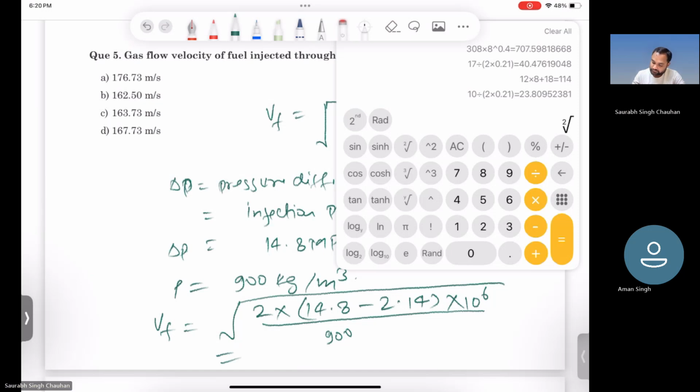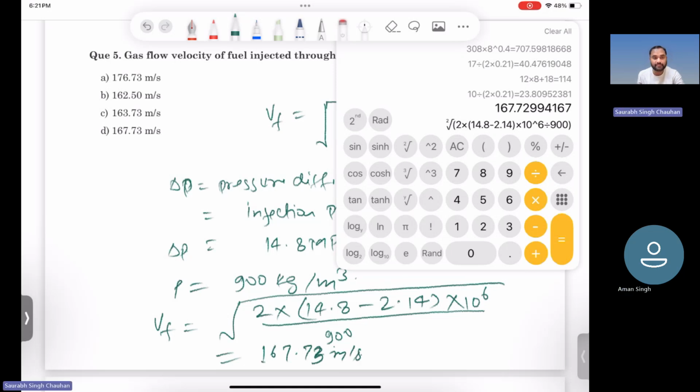Under root, into 14.8 minus 2.14, into 10 to the power 6, divided by 167.72. So 167.73 meter per second, right?